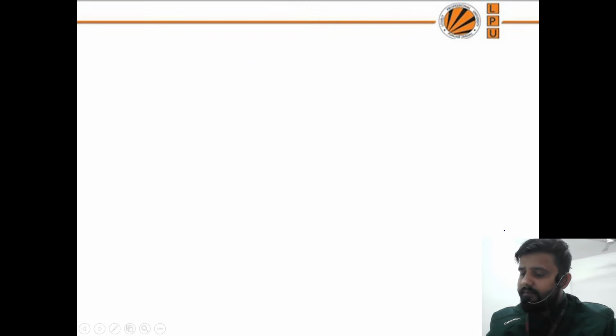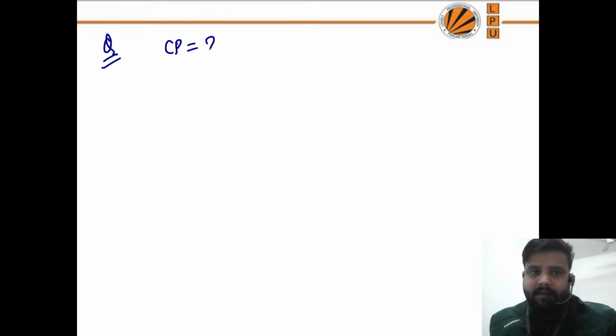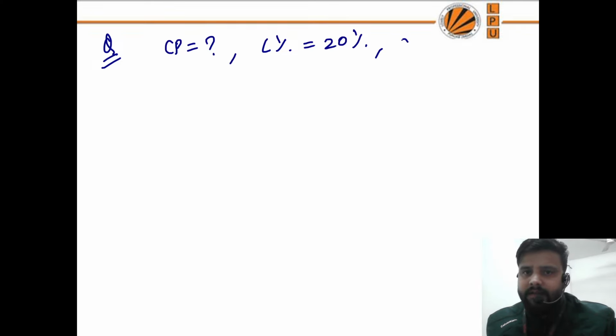Just answer it. Let's say cost price is missing. You are given loss percentage, which is 20%. Selling price is 960 rupees. Now tell me the value of cost price.